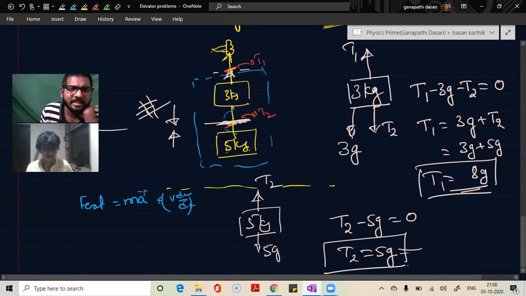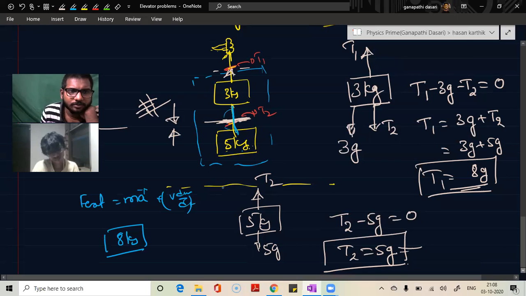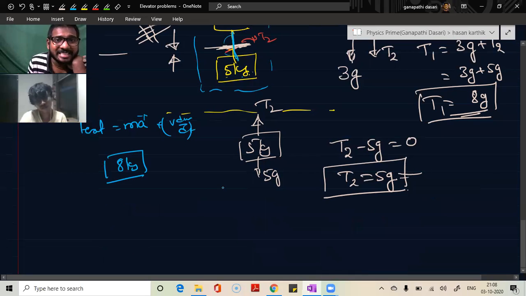If we consider 3 kg and 5 kg to be the system, with the entire string ideal, the entire system can be treated as 8 kg. For the entire system, this T2 is internal. For 5 kg, T2 is external.